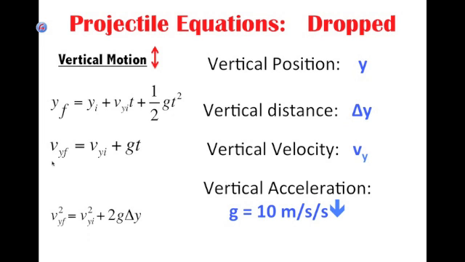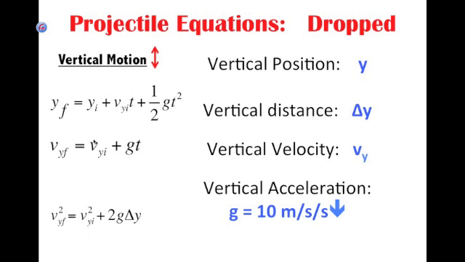Then the ending velocity, vyf, appears in these two equations. Vertical acceleration is due to gravity, so we're going to be easy on ourselves and use just a rounded 10 rather than 9.8 for the calculations that we do for this unit. So we're going to use 10 meters per second squared down for the acceleration of gravity. Typically we will call this a negative number because we'll call down negative.